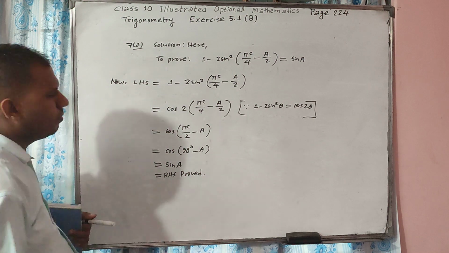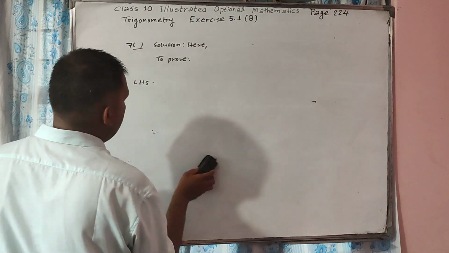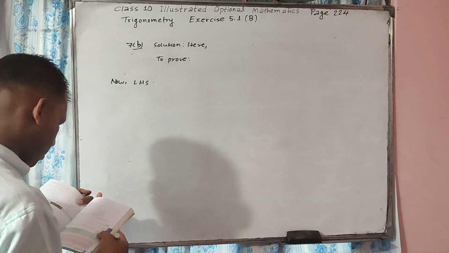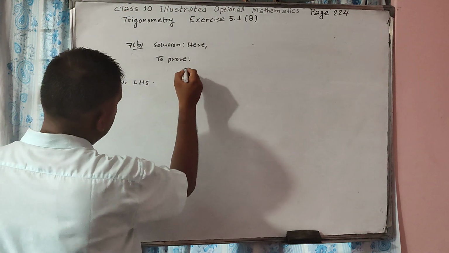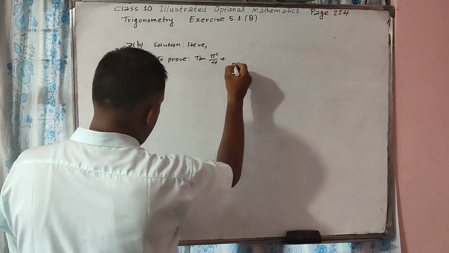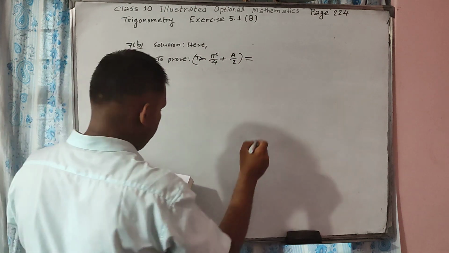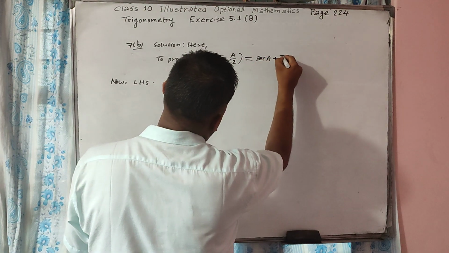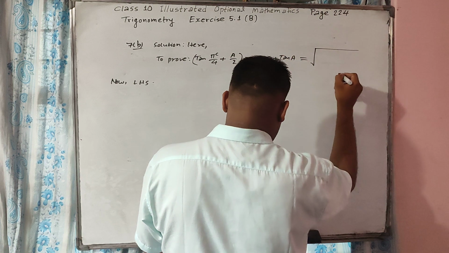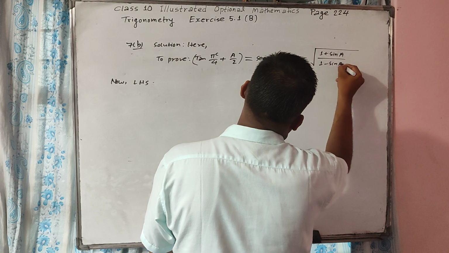Now we go to 7b. On 7b, we have to prove tan(π/4 plus a/2) equal to sec a plus tan a, which is equal to square root of (1 plus sin a) whole upon (1 minus sin a).